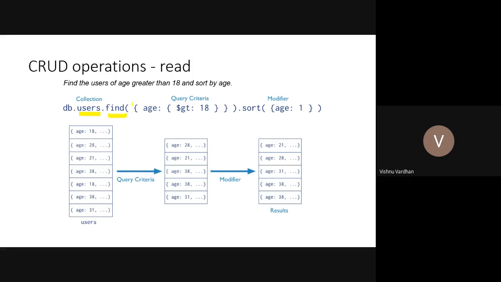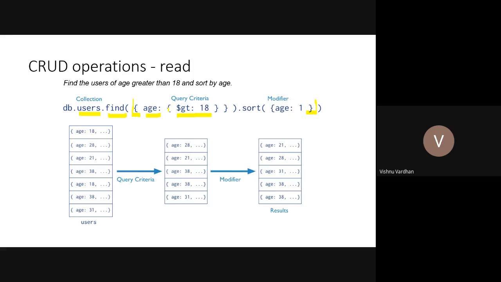Here we are starting the filter. The curly braces start and end here, and in these curly braces we provide our criteria. So what is the criteria? Age is a column, and wherever age is greater than 18.